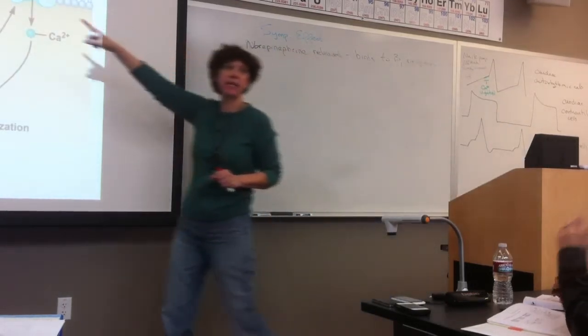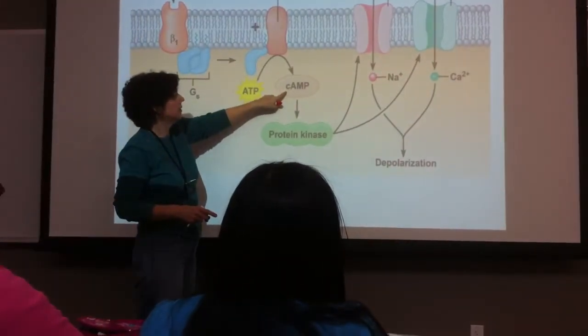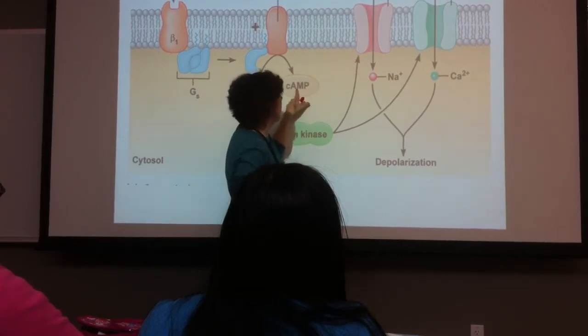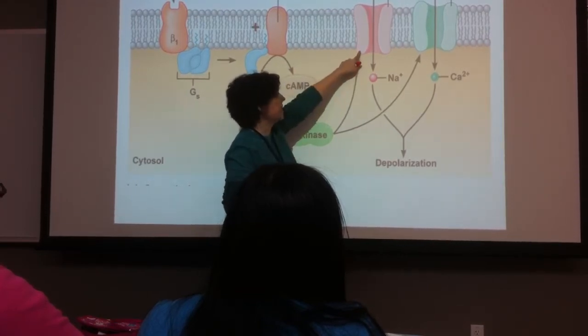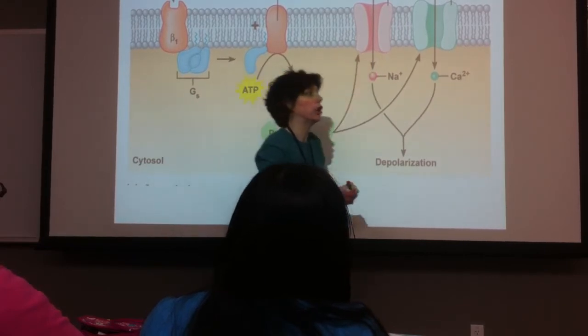So here it is binding to beta-1 receptor, and that's going to activate the alpha subunit of the G protein, which binds to adenylate cyclase, forms cyclic AMP, which can bind to the funny channel, and that will open earlier.